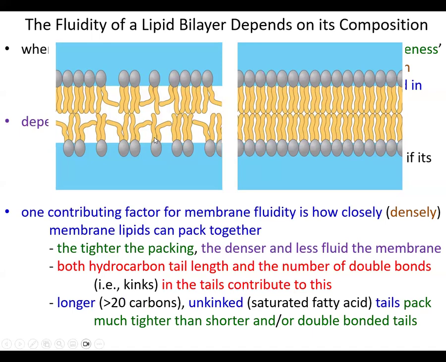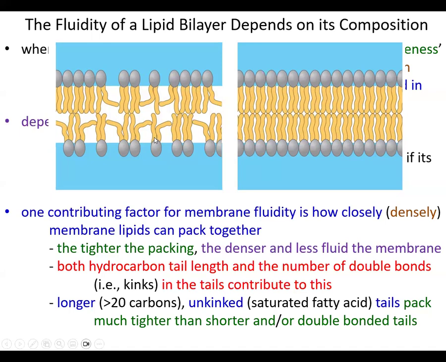Another factor that we haven't discussed yet in any detail is that longer fatty acid tails contribute to dense packing. So if you've got 20 carbons or more, you're going to make a denser membrane. And if you have less than 20 carbons, the membrane is going to be a little bit more fluid. And then again, the presence or absence of saturation of these double bonds is going to contribute as well.